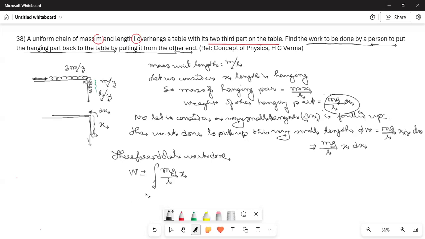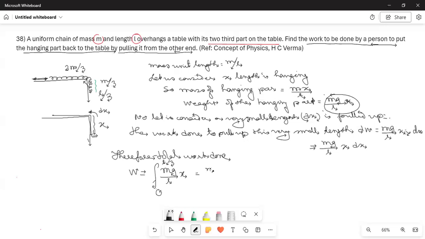So the value of x will be from 0 to L by 3.